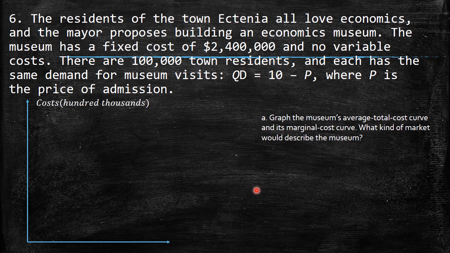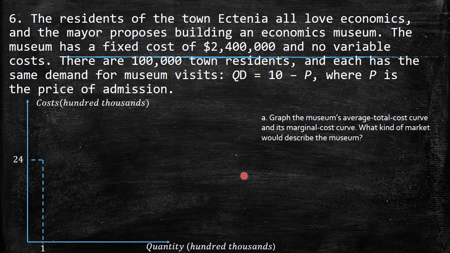So here we have the cost, measured in 100,000, and then we have the quantity, again measured in 100,000. If they have a fixed cost of 2,400,000, then the cost is going to be that.